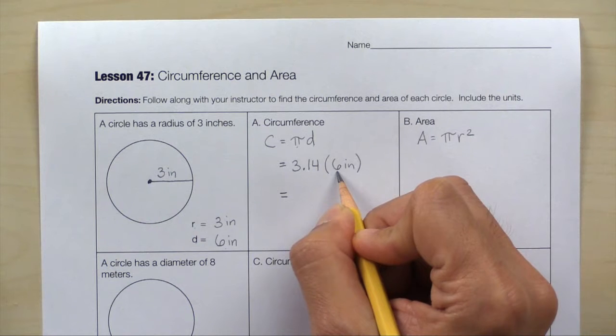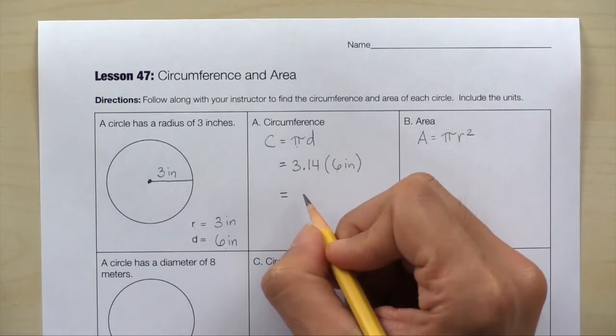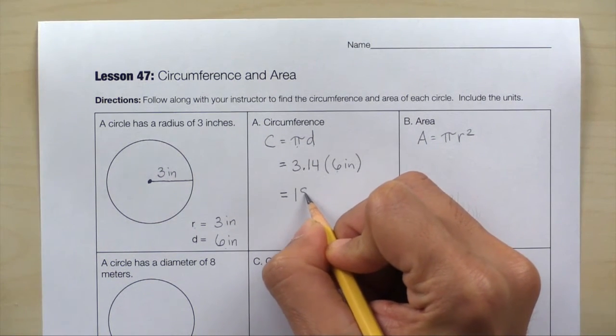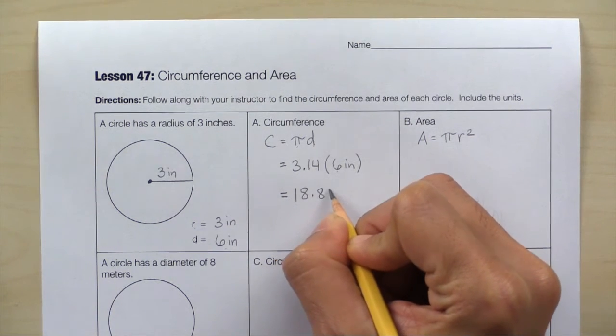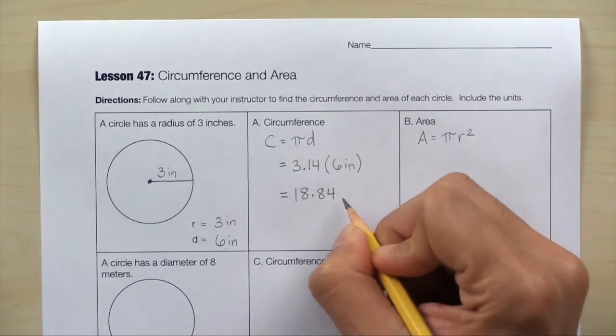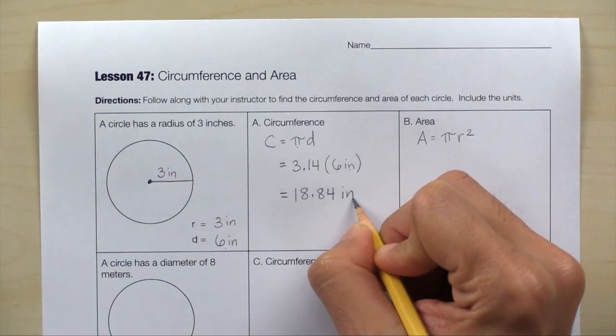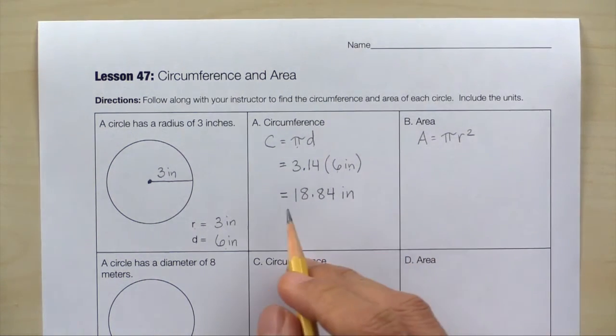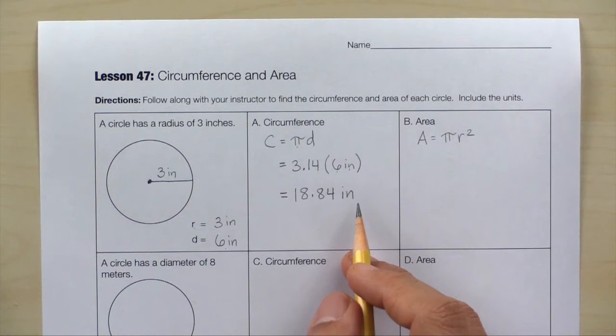Do the calculations on the side, and you'll end up with 18.84. And our units are inches. So our final answer is a circumference of 18.84 inches.